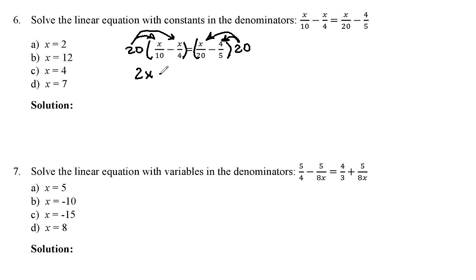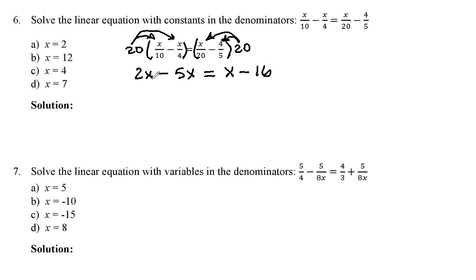This minus sign right here, 20 times x over 4, 4 goes into 20 5 times, and then 5 times x, 5x, equals 20 comes in times x over 20, 20s will cancel, we're just left with x, minus 20 comes in times 4/5, so the 5 will cancel into the 20 and leave a 4 times the 4 that's already there, 16.